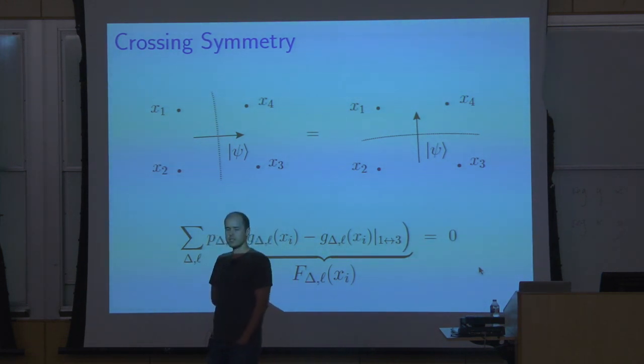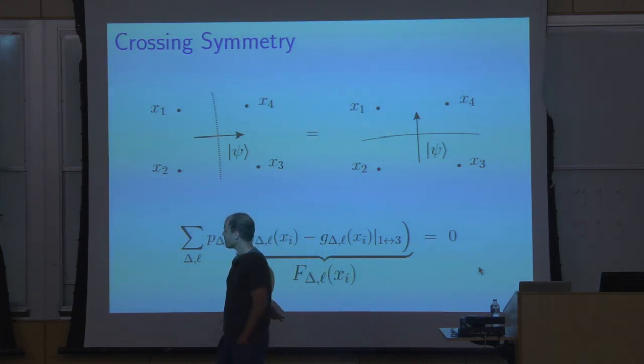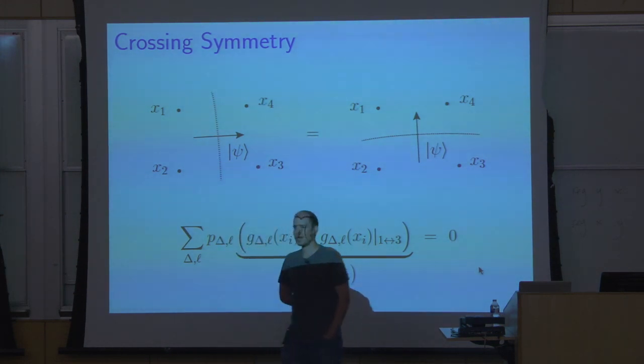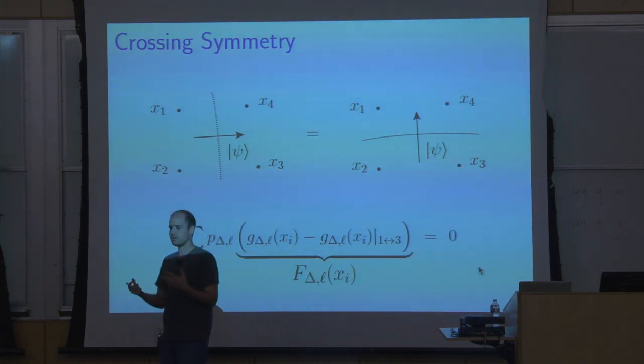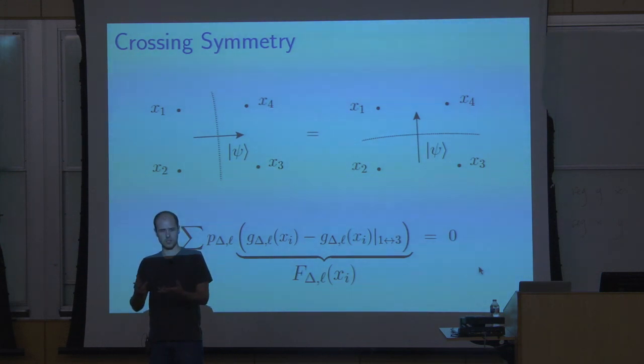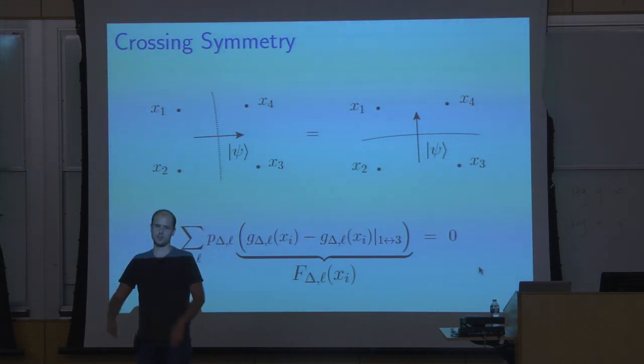So this gives a consistency condition on my theory. This consistency condition had better be satisfied in any consistent theory. And it's the reason why someone can't just come up to you and hand you a list of deltas and f's, this discrete data that defines the CFT, and say, there you go, there's a CFT.